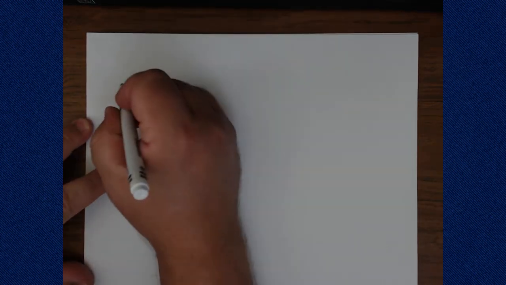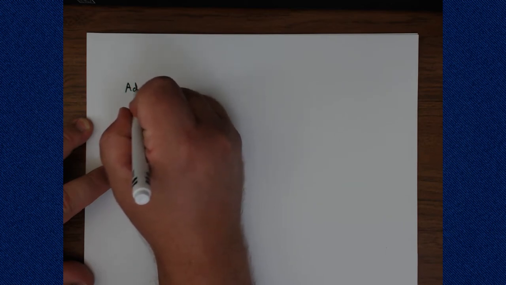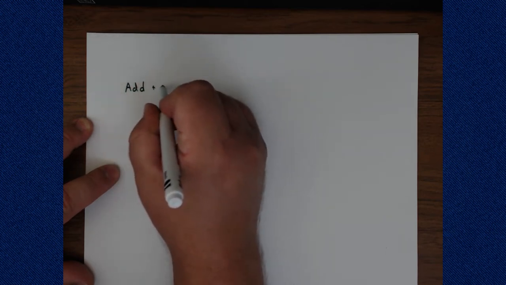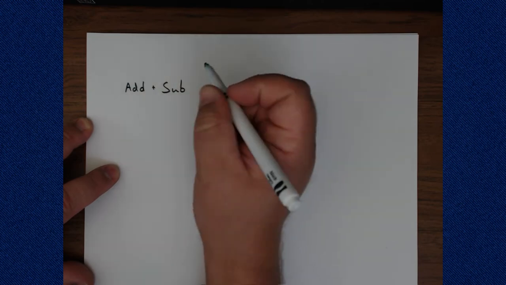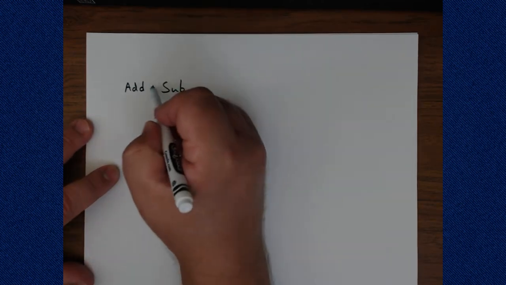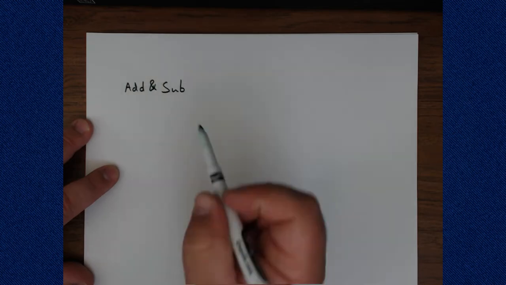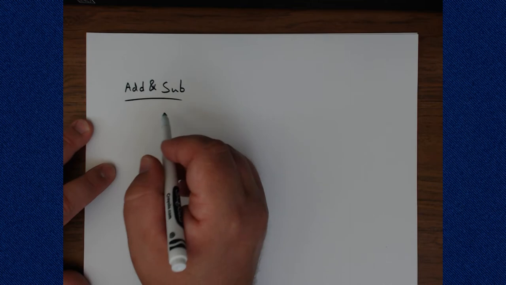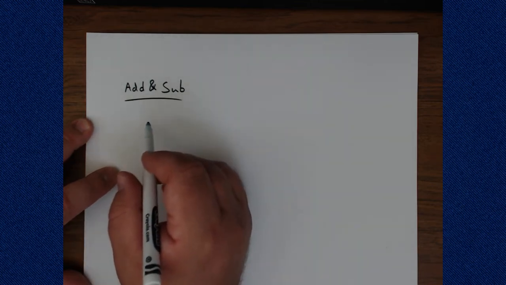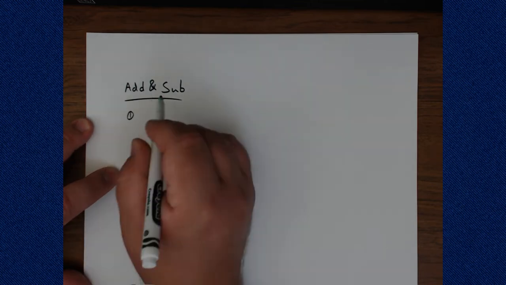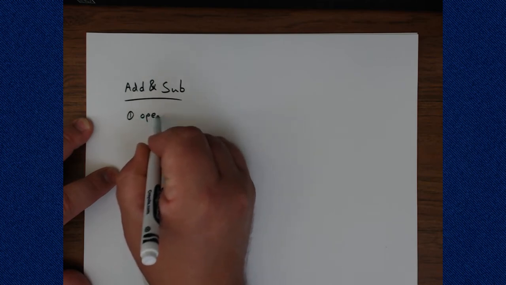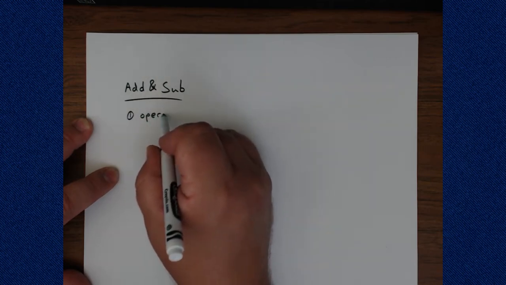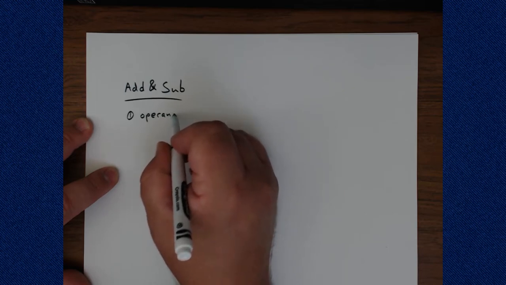So let's do that. For arithmetic, we have two operations that are super closely tied to one another, and that's addition and subtraction. I shouldn't use a plus when discussing these two. I'll use an ampersand. So there's addition and subtraction. And when we're going to do addition or subtraction, the first thing we have to do is ensure that the operands, the two numbers themselves, have the same exponent.